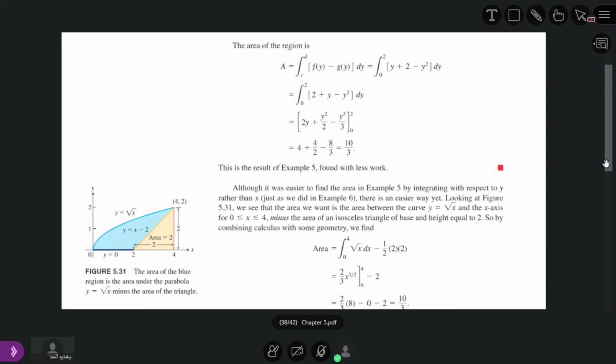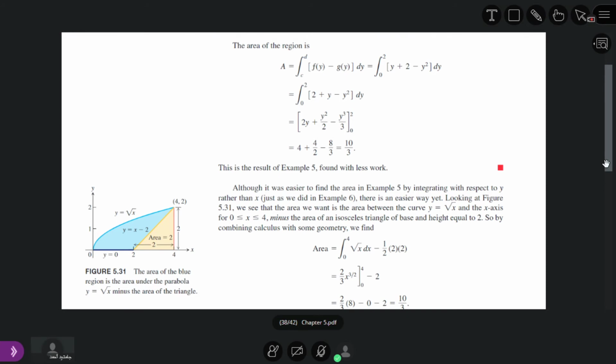Either descending or ascending order is fine, but mixing them is awkward. So we have 2 plus y minus y square.